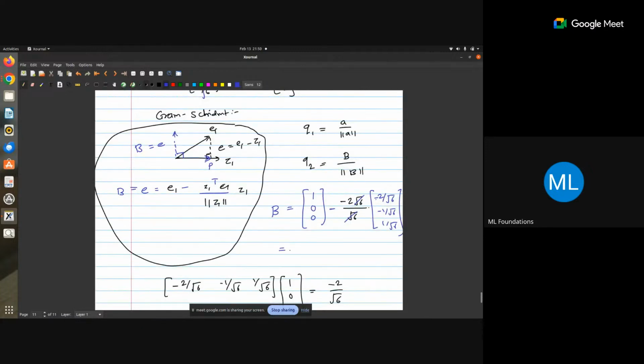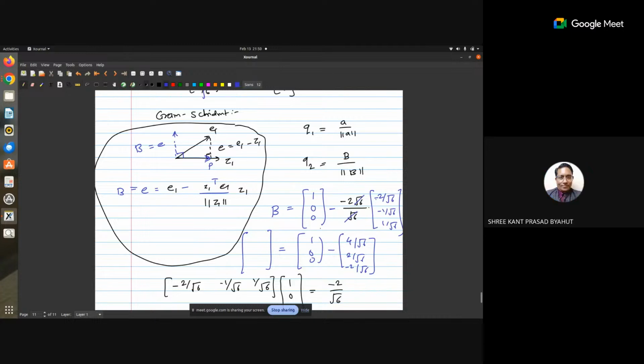What am I getting now? 1 0 0 minus, let's say, plus 4 by root 6, 2 by root 6, and minus 2 by root 6. Is that fine? And what will it be then? 1 minus 4 by root 6.